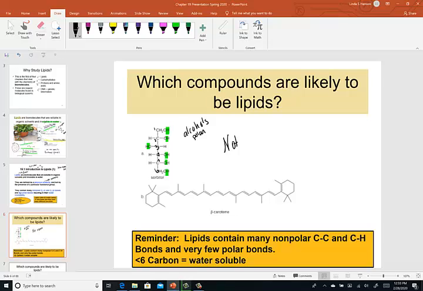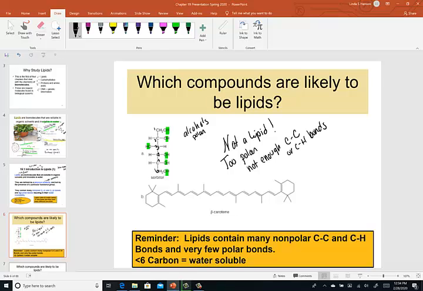Not a lipid. It's too polar. In other words, there's not enough carbon to carbon or carbon to hydrogen to overcome the polarity of the sorbitol molecule.